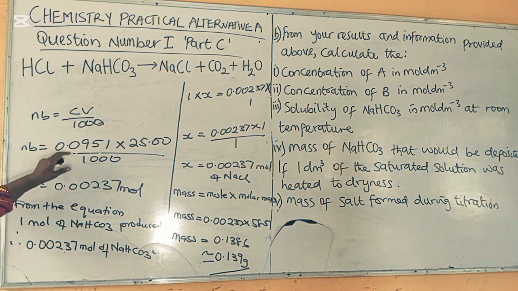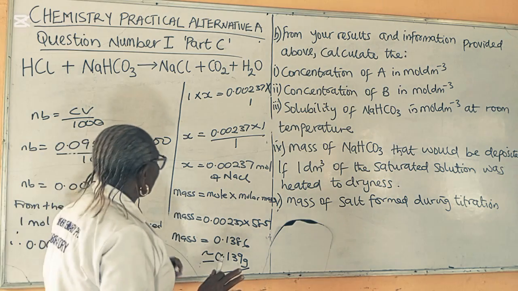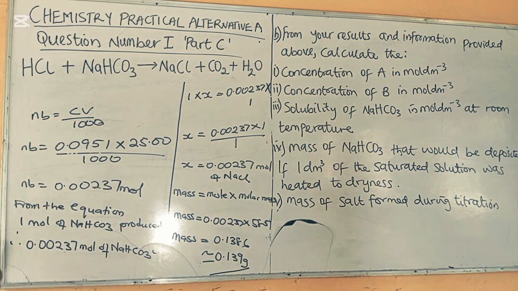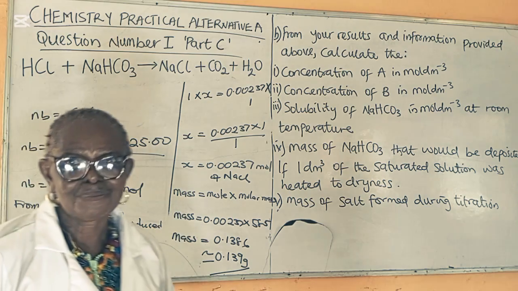That is what you use in place of where I used the amount. Where is that now? Here. I say 1 mole of this will produce that. Therefore, you will not use this one again. You use the main conc to get the main mass. The same method. Thank you and God bless you.